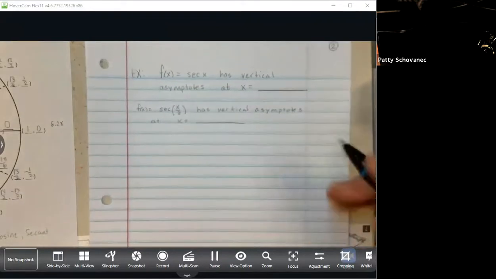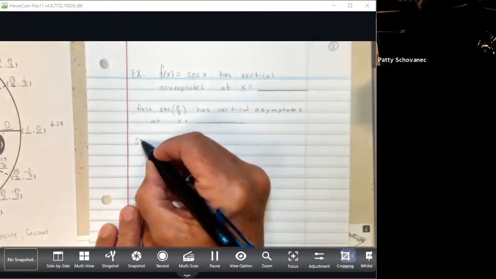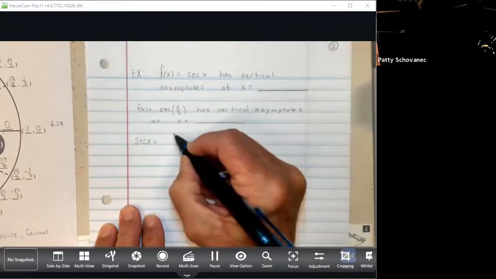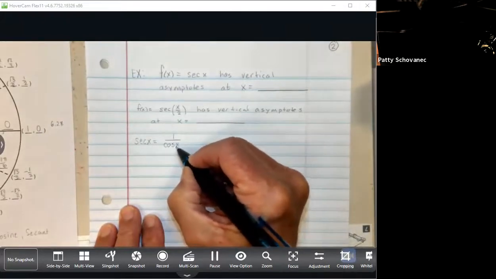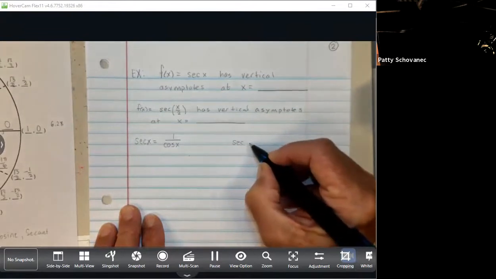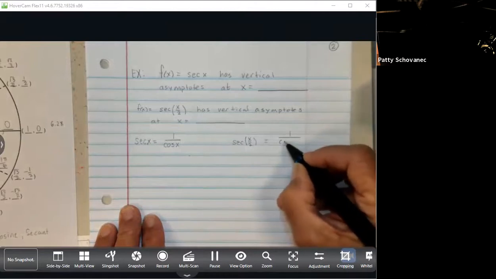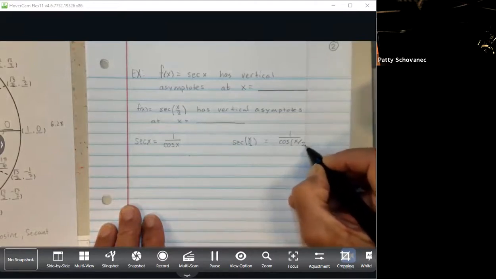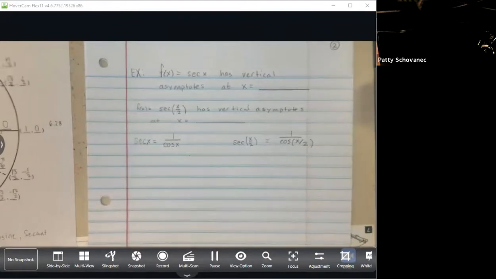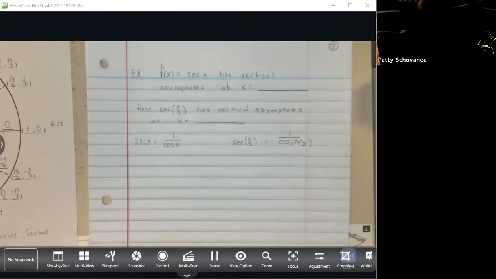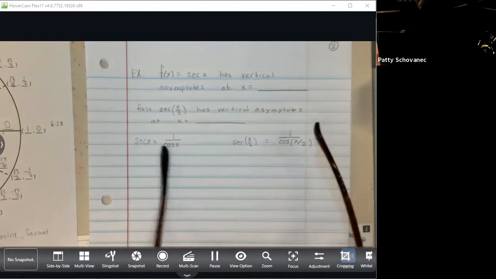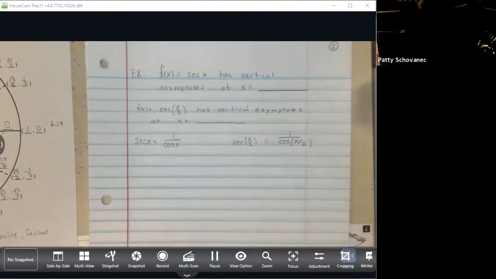So we remind ourselves that the secant of x is equal to 1 over the cosine of x. And so the secant of x over 2 is 1 over the cosine of x over 2. And what causes asymptotes to happen is the division by 0. So let's make a list of some of the places where the cosine is going to be 0.